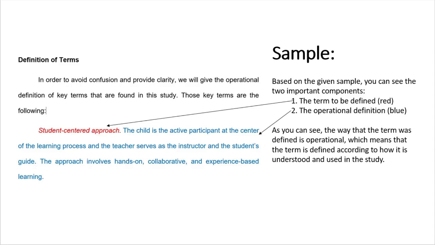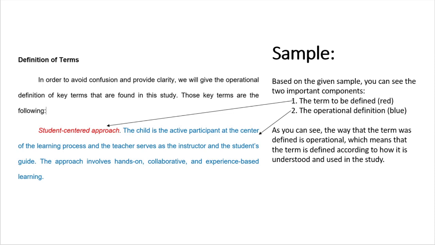So what's one example? Okay, so allow me to illustrate. For this research, they first defined student-centered approach. Now, there is an accepted definition of the student-centered approach. There are also other definitions of it. It depends on who you ask.